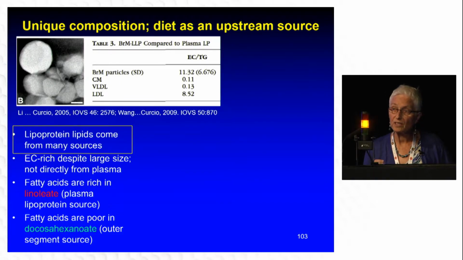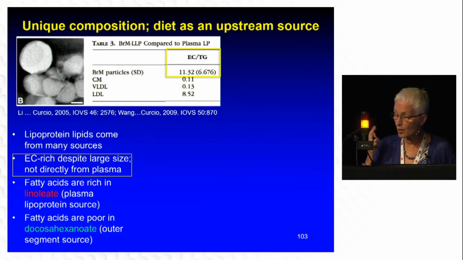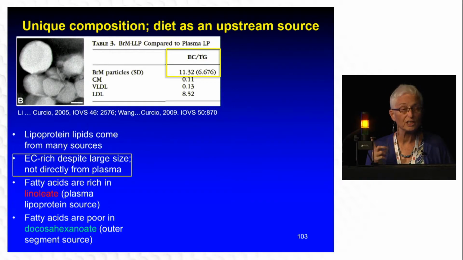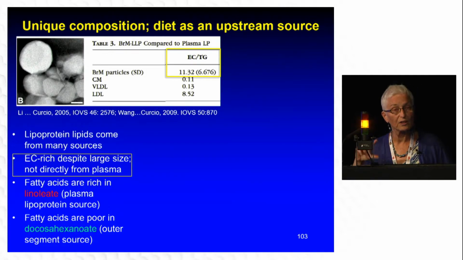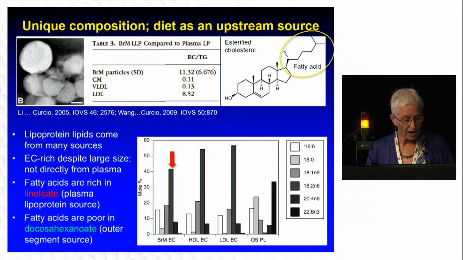Lipoprotein lipids are assembled from many sources, and you can see the Bruch's membrane lipoproteins that were isolated. The image on the left shows that. They're very esterified cholesterol rich despite their large size, so they're unlike plasma VLDL that way. If you look at the fatty acids that are esterified to the cholesterol, they're highly enriched in linoleate, just like the plasma lipoproteins.